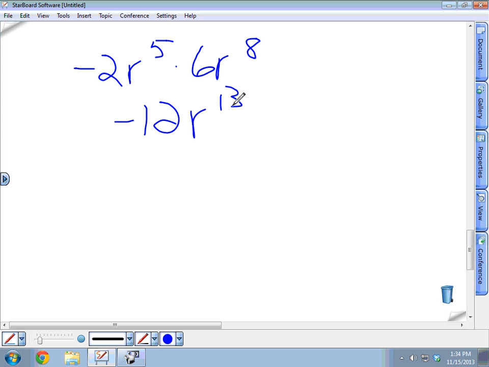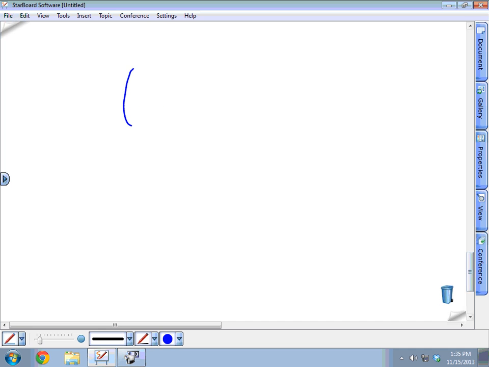Let's see. Sun Young, number 9. X to the 10th. Positive x to the 10th. What's that? Negative x to the 10th, right? Multiply those. You have a negative x, and you're multiplying your exponents, right?